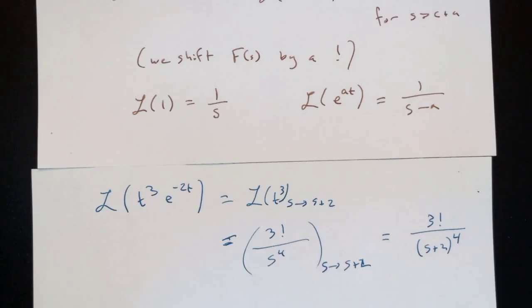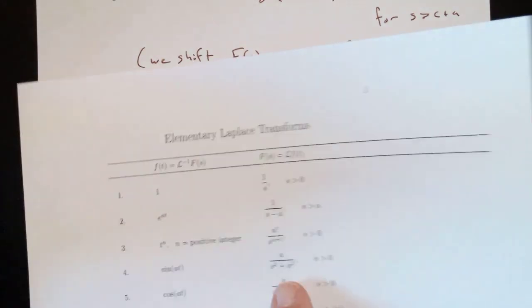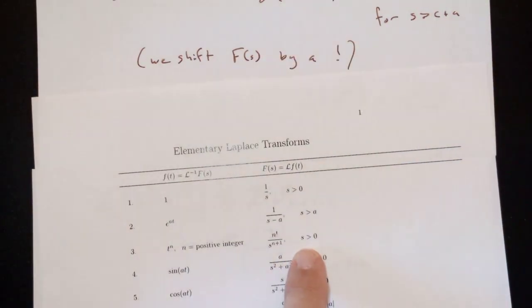Now, it even says in the textbook that this is only valid for s bigger than what? But on our formula sheet, it gives me a c. Exactly. Right there.